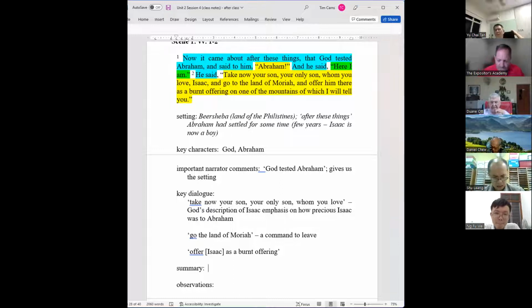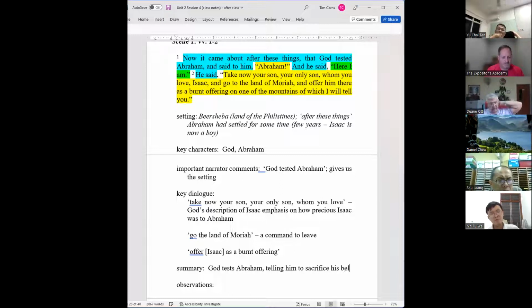Anybody want to offer a way you might summarize this scene in a sentence? How about something like this? God tests Abraham, telling him to sacrifice his beloved son, Isaac.